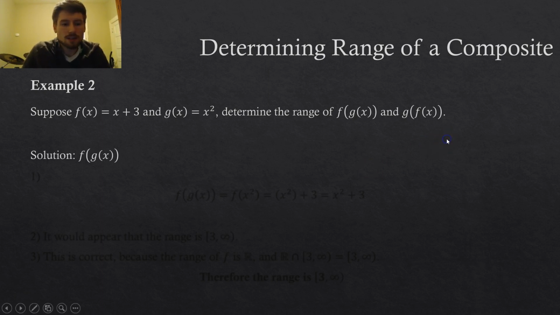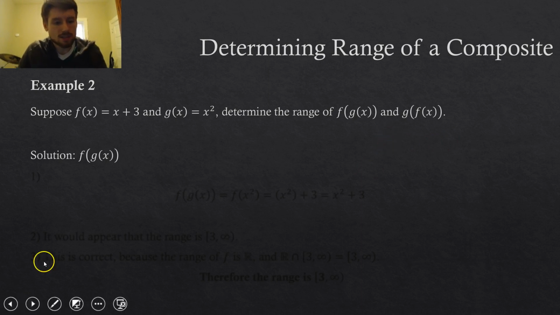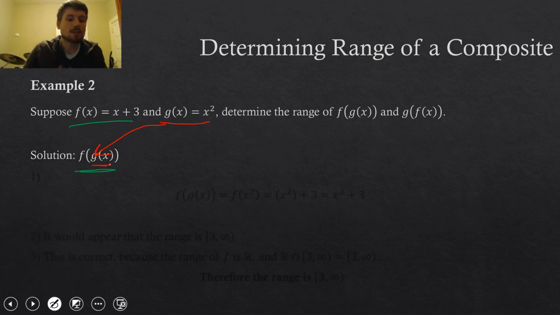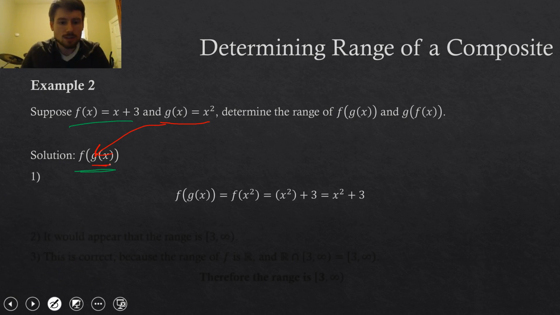So f of g of x, we're going to plug g of x into f. So we're putting g, which is x squared, inside of f. And so what's that going to look like?